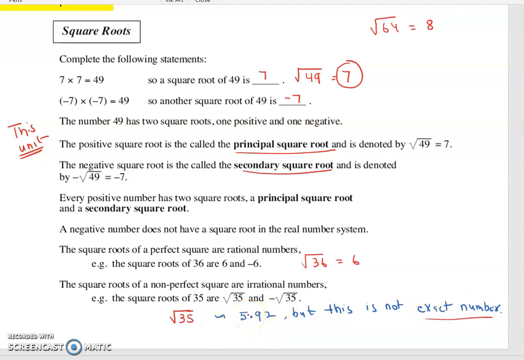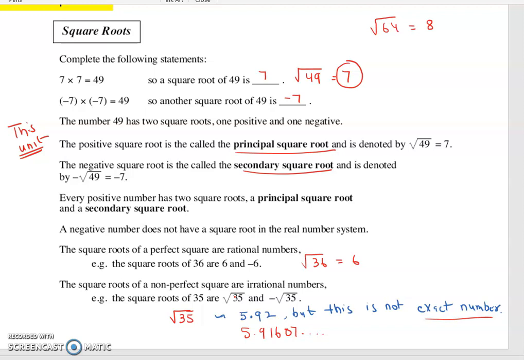This answer actually has quite a long number of decimals. So this is not an exact answer. It's a number with a whole bunch of decimals, but you could round it to a point. Or if you want to leave it as exact, you would leave it as just square root of 35. And we would do it in the simplest form, which you will learn later.